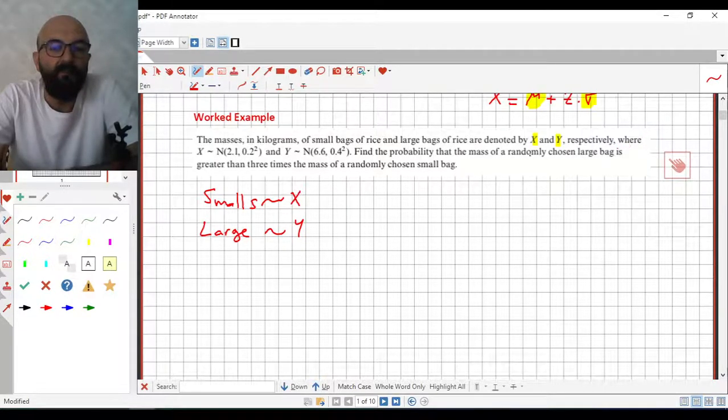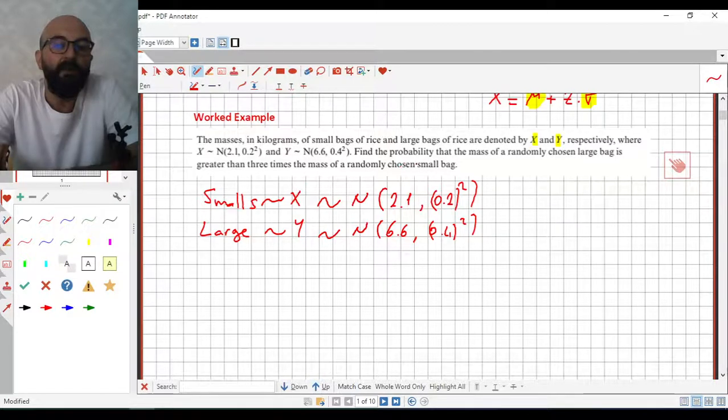For x, in the normal distribution, the expectation is 2.1 and the variance is 0.2 square. And for y, in the normal distribution, the expectation is 6.6 and the variance is 0.4 square.